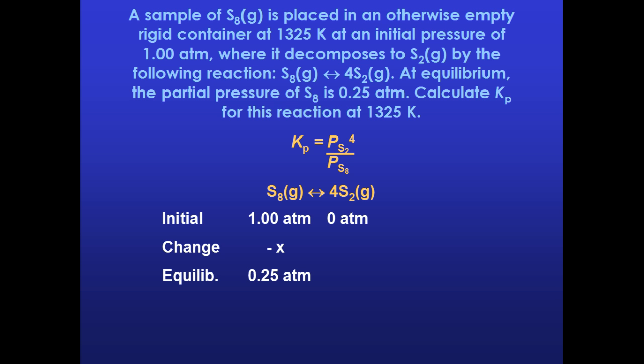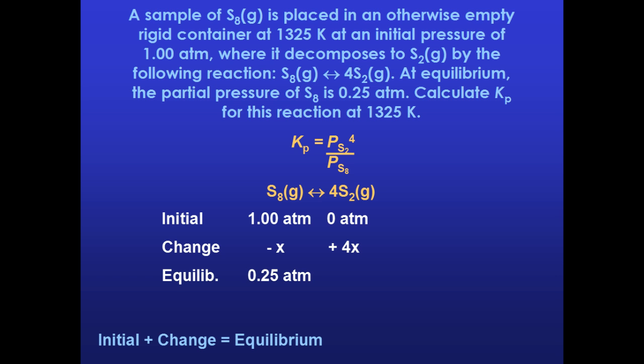Stoichiometrically, the reason why it's just minus x is because there's only one S8 molecule in the balanced equation, while there are 4 S2 molecules being made for every one S8 molecule being consumed. So you will see the change for the S2s to be a positive 4x. This allows us to find the concentrations, or partial pressures, once the reaction has gone forward, without having to do stoichiometry every time.